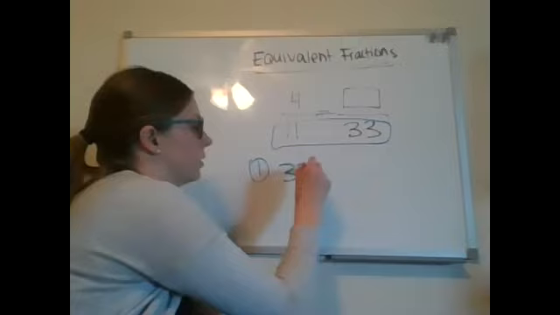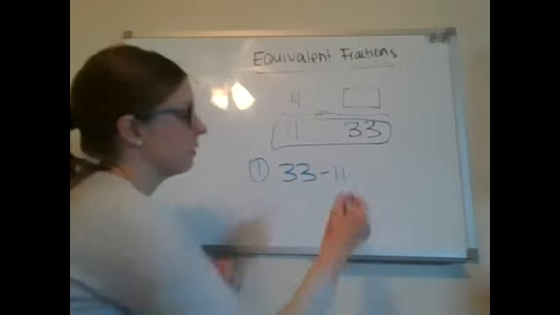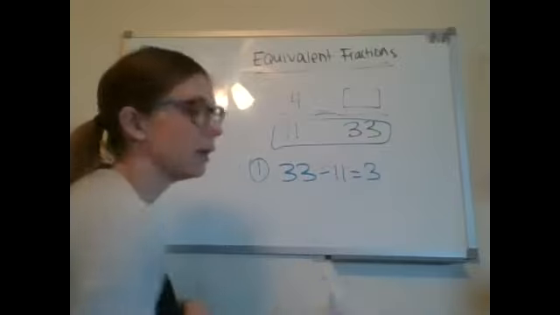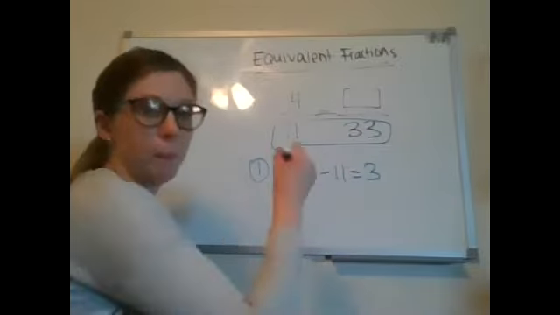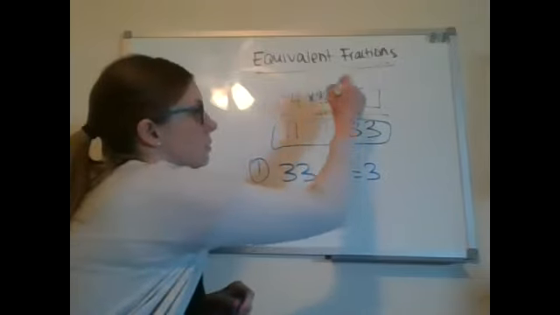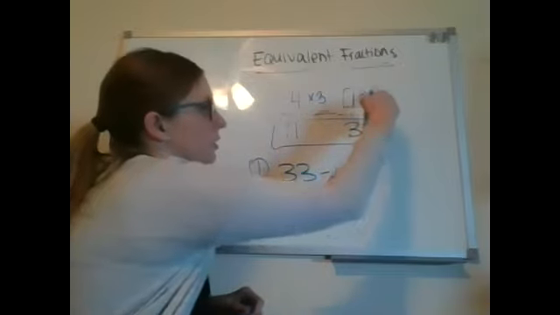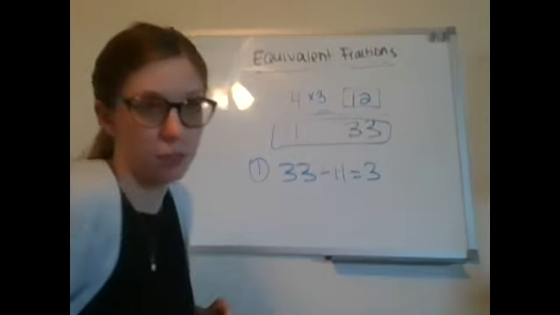We're going to do 33 divided by 11. We do 33 divided by 11, we get 3. So that means we have to multiply 4 by 3. If we do that, 4 times 3 is 12. So our answer would be 12 over 33 for our equivalent fraction.